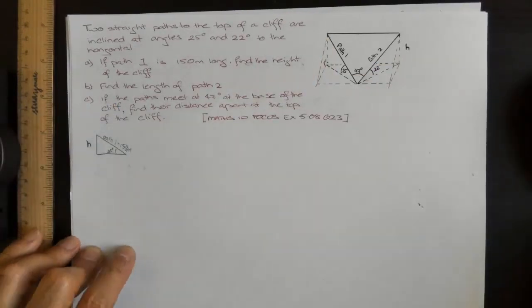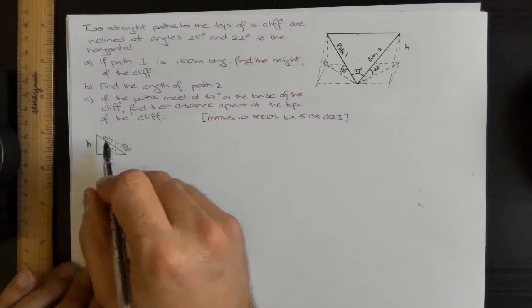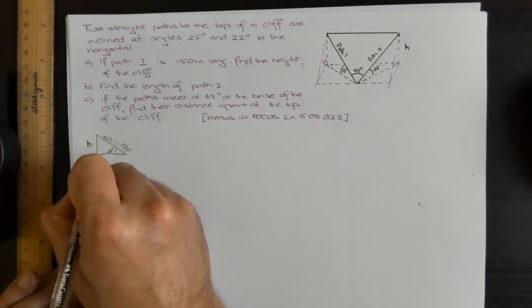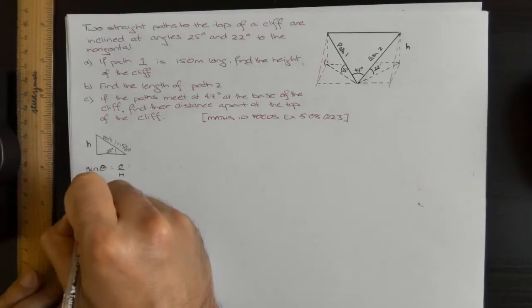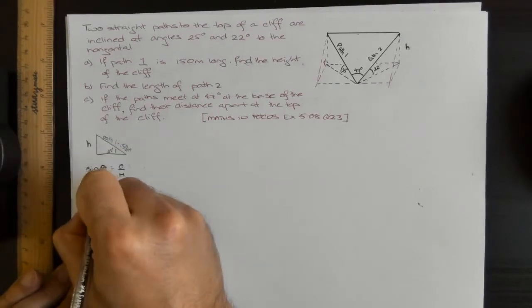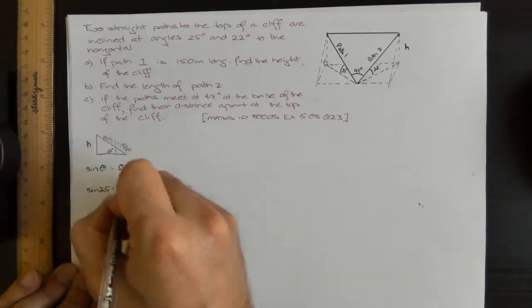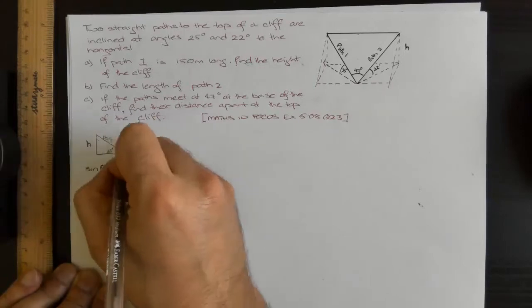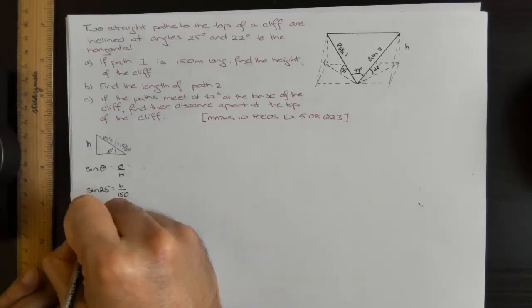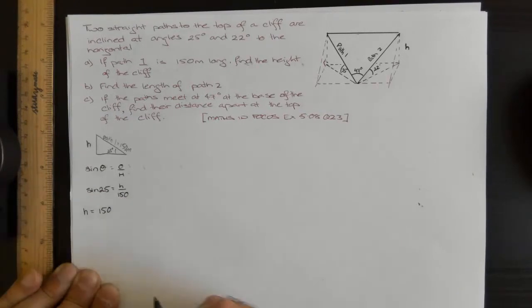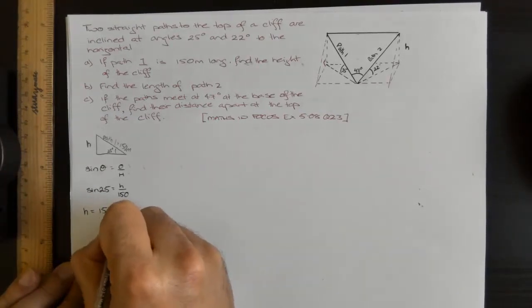So in that sense, we obviously have sine. Sine theta is O over H. Theta in this case is 25 degrees. Our opposite is h, and our hypotenuse is 150. So the height is 150 sine 25.